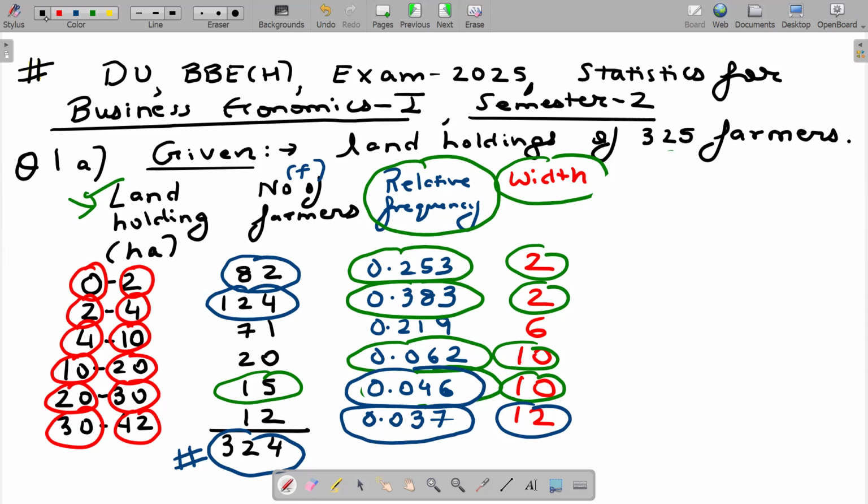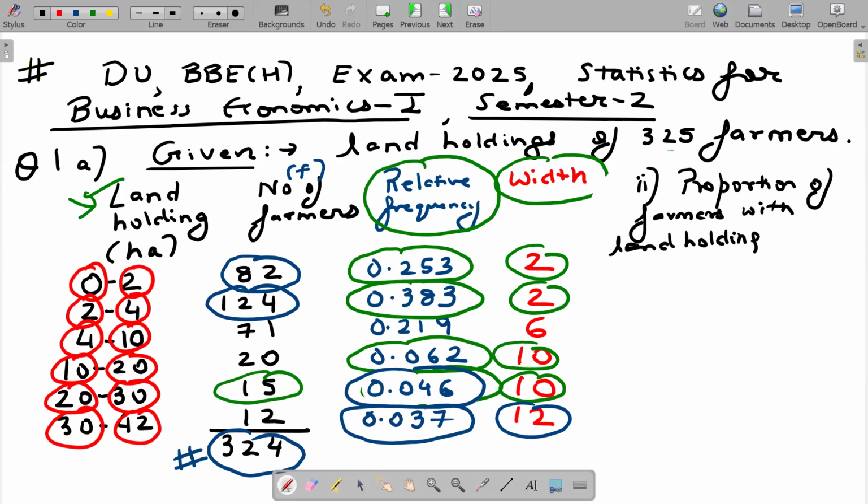Now the next thing, this is part 2 we are doing: the proportion of farmers with land holdings less than 24 hectares.